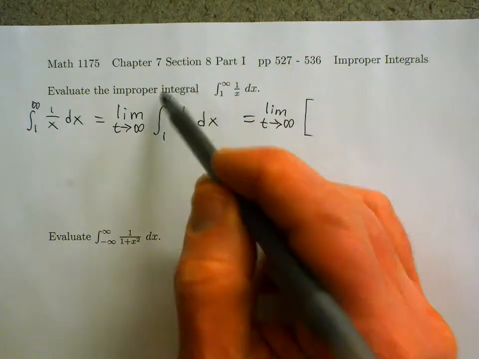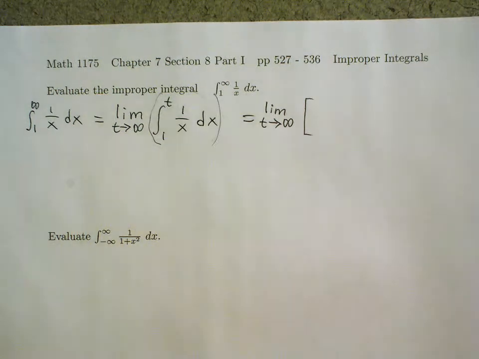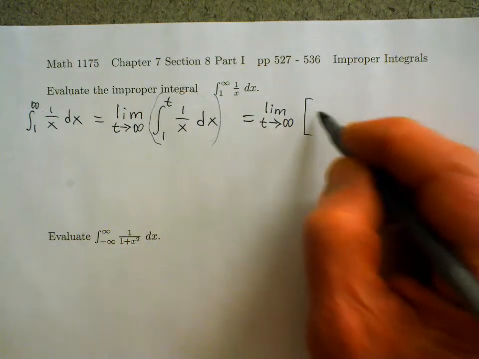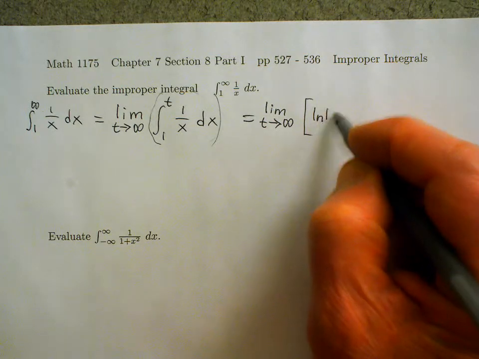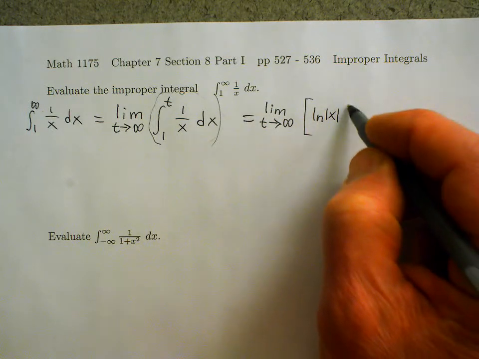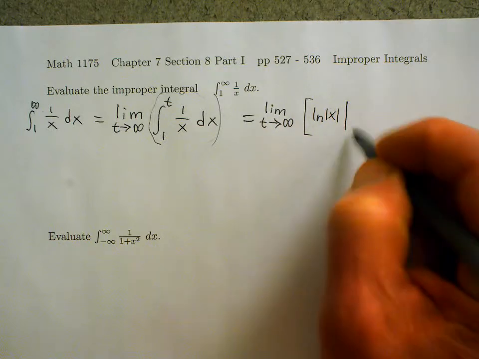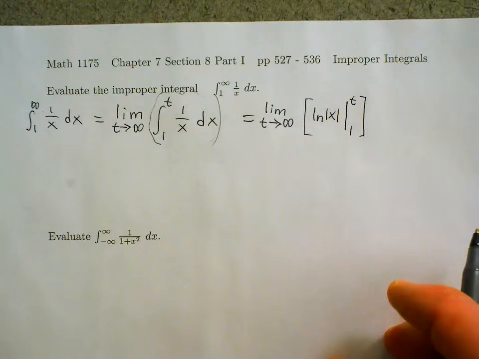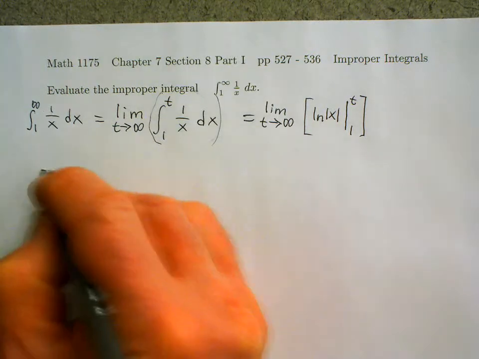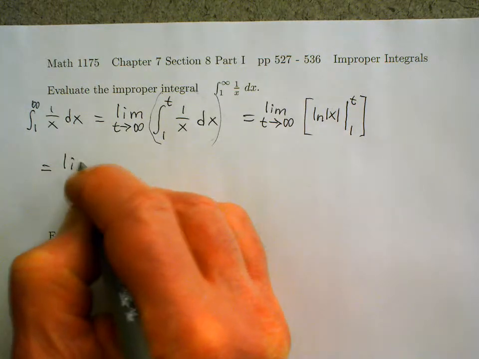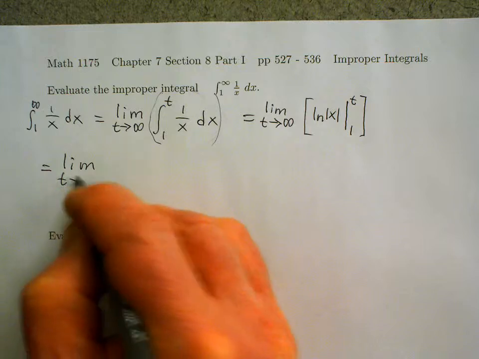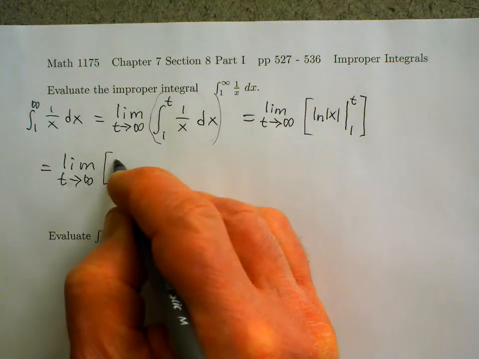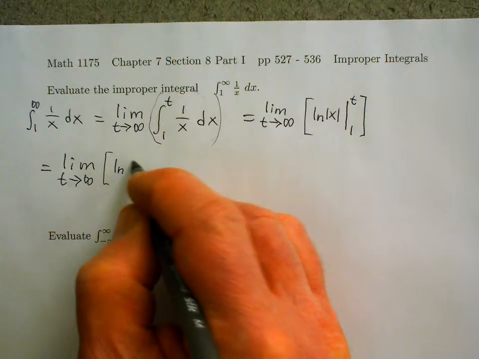So we focus on evaluating this definite integral. An antiderivative of 1 over x is the natural log of the absolute value of x. We're going to evaluate that from 1 to t. So this is the limit as t approaches infinity of the natural log of t.